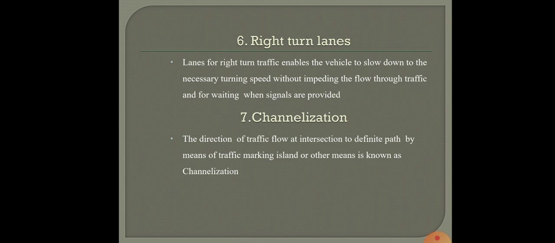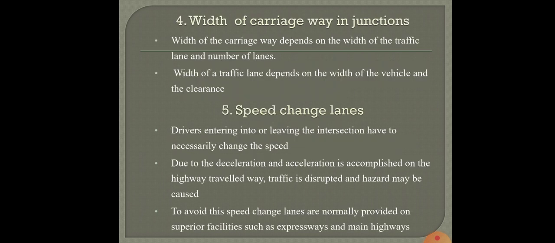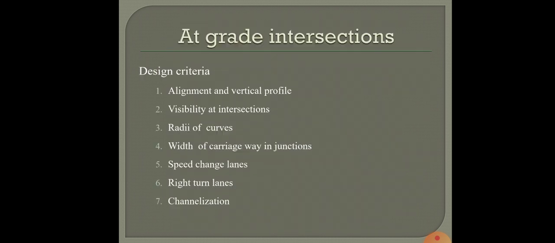There will be some particular control wherein there will be some markings on the road or signboards which will actually channelize the vehicles. So these are the factors to be considered while we design an intersection at grade. So I hope it is clear.